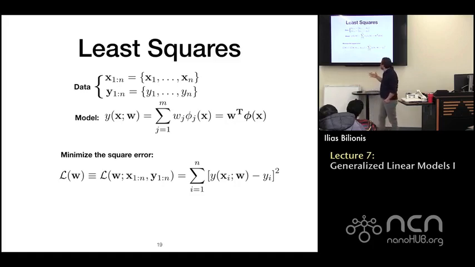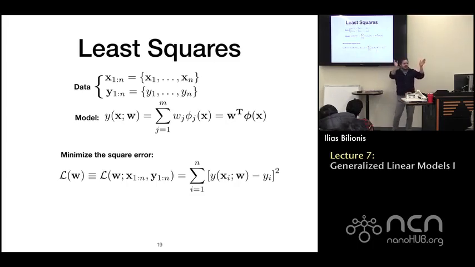Okay? So you take your model, at each one of the observed points, and you say, what does my model predict at xi? It predicts y of xi and w, and you subtract from that the actual observation. So you compare the prediction of your model, which is y(xi), to the actual observation, which is yi.